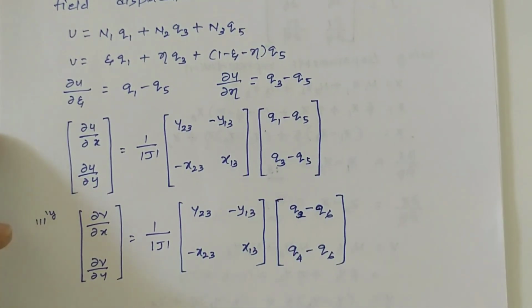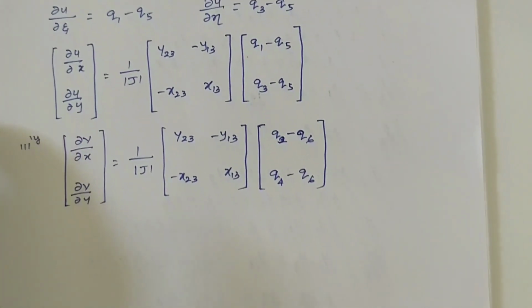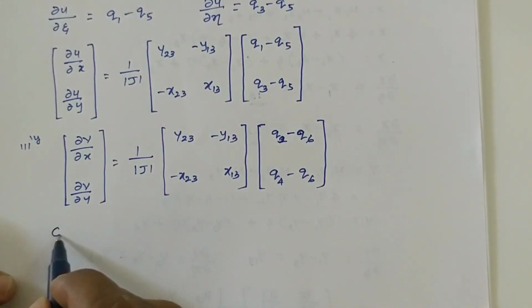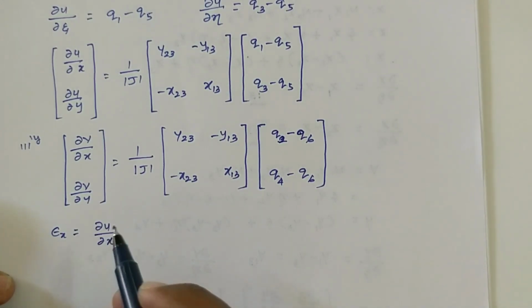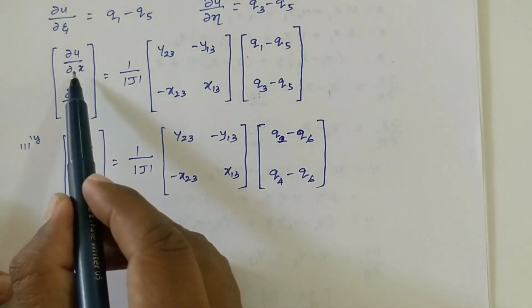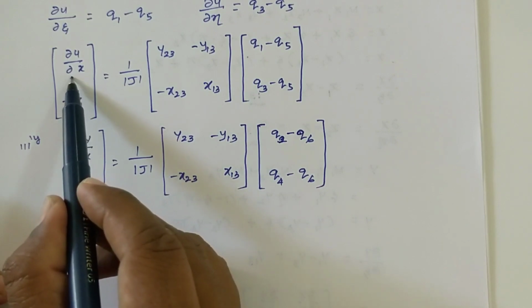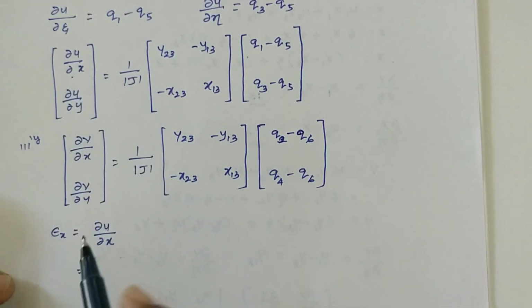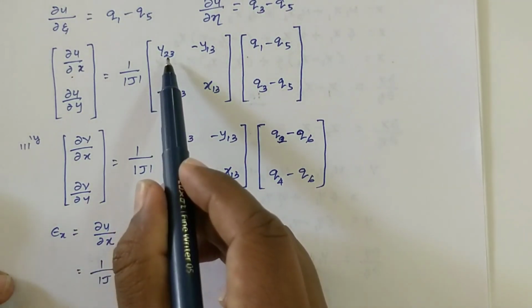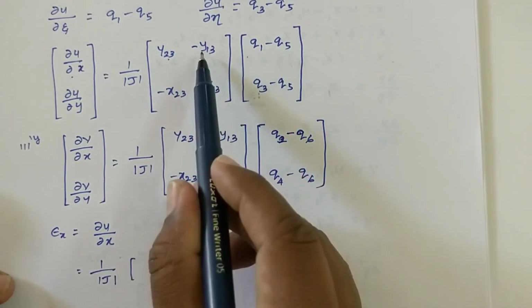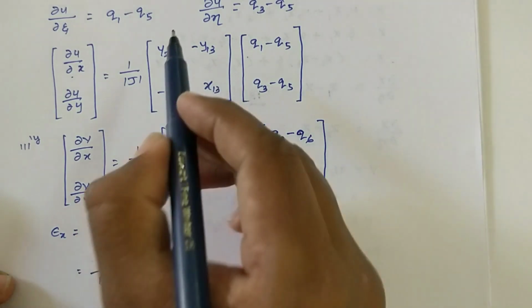Okay, now let us consider the strain equation. We know that epsilon x is equal to ∂u/∂x. So this is epsilon x, 1 over determinant of J. Now we will write that term: 1 over determinant of J into y23 into q1 minus q5 minus y13 into q3 minus q5.